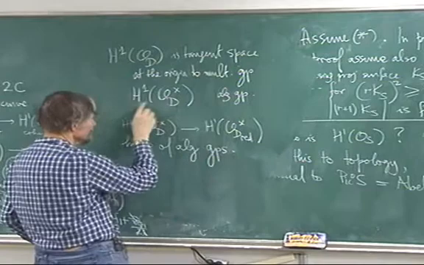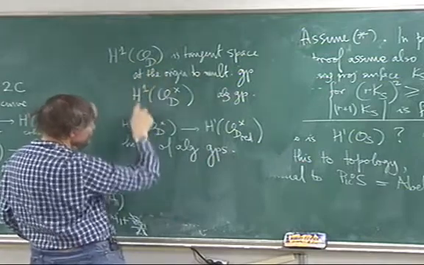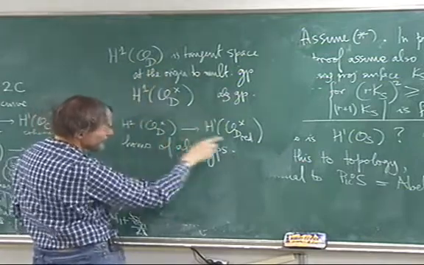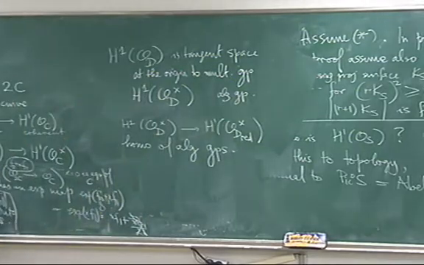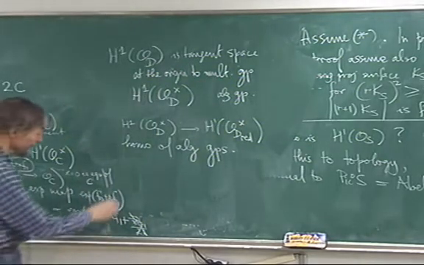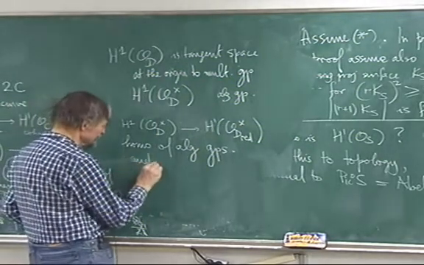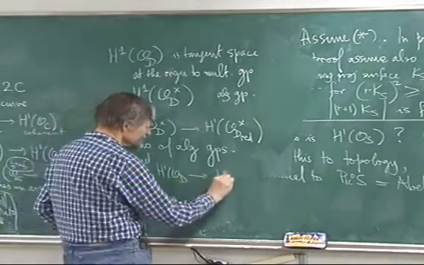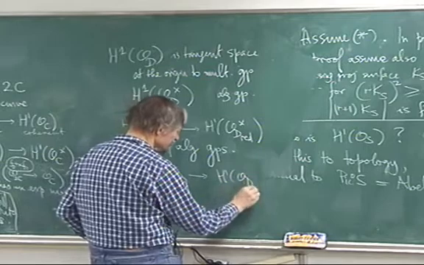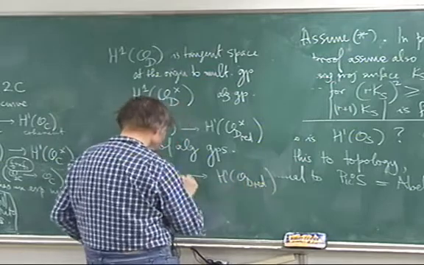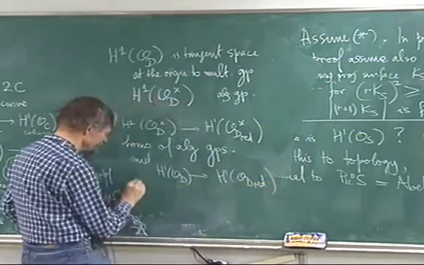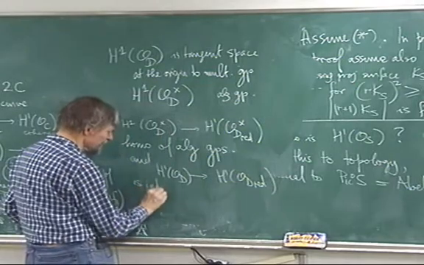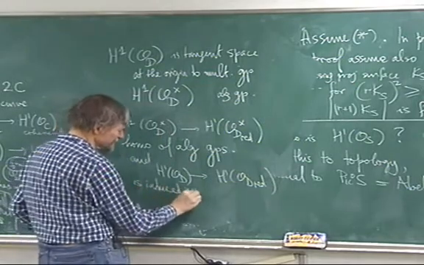And so the map from H1 OD to H1 OD reduced is just the induced map on the tangent space.